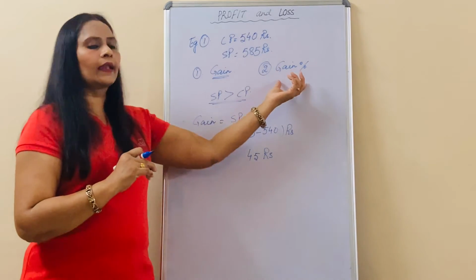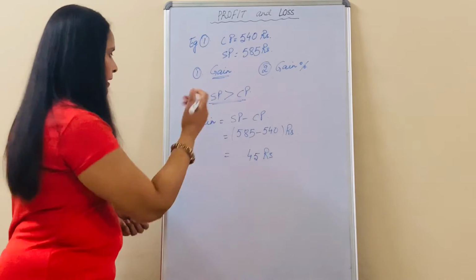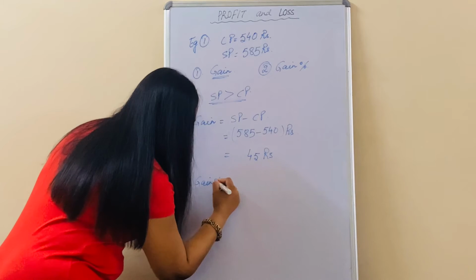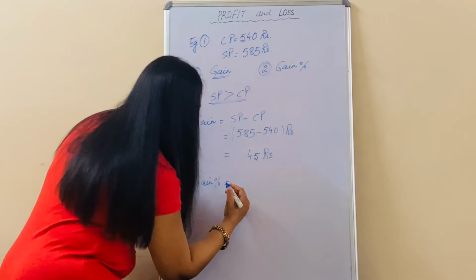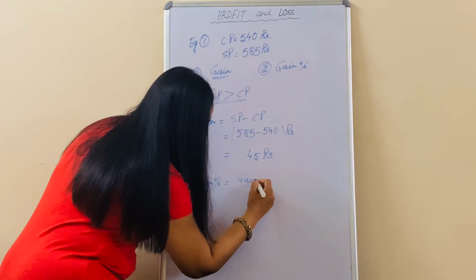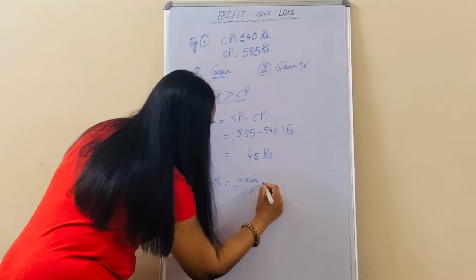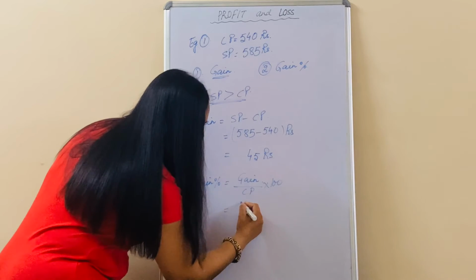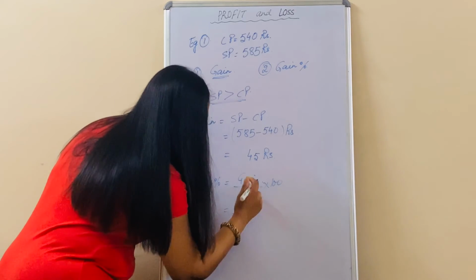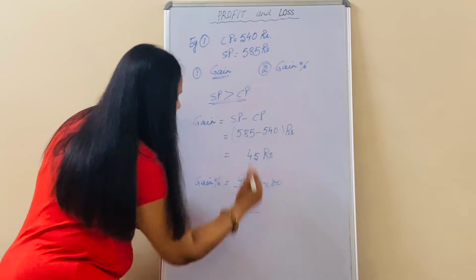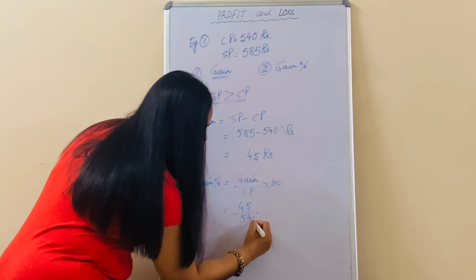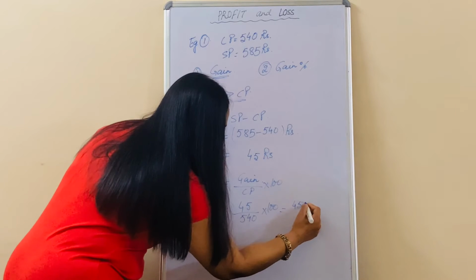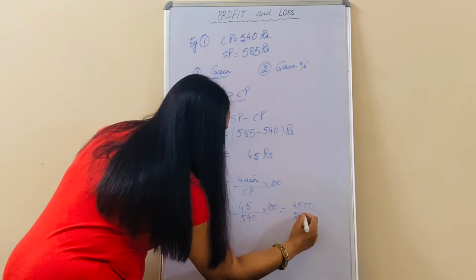Now how can we calculate the gain percentage made by that person? For gain percentage, we again have the formula: gain upon CP into 100. The gain is 45 rupees and CP is 540, into 100, which comes out to be 4500 divided by 540.